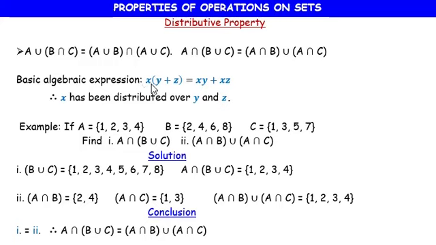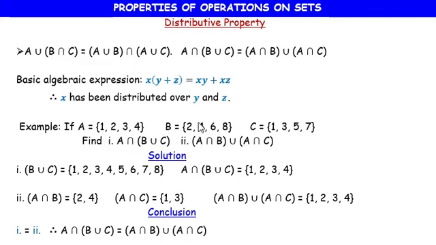Now bear in mind that this expression x into bracket y plus z is the same as x times the bracket. So the operation separating the x from the bracket is a multiplication sign. And that is the same operation that is used to pair the x with the two elements in the bracket. So we have x times y and x times z, and then the operation that was separating the two members in the bracket is what separated the two pairs, right? So we had xy plus xz.